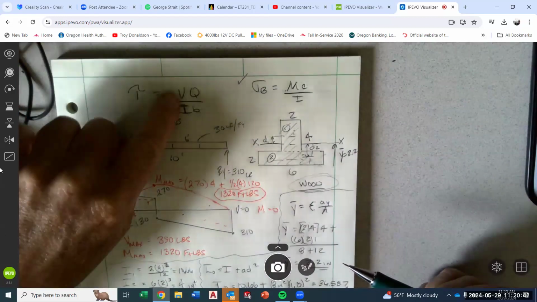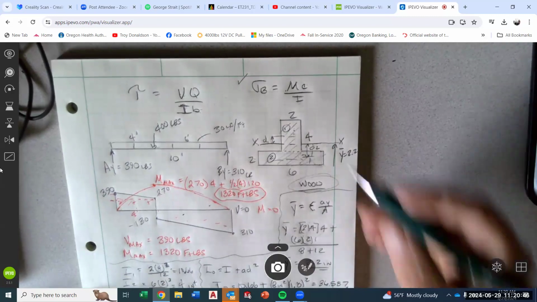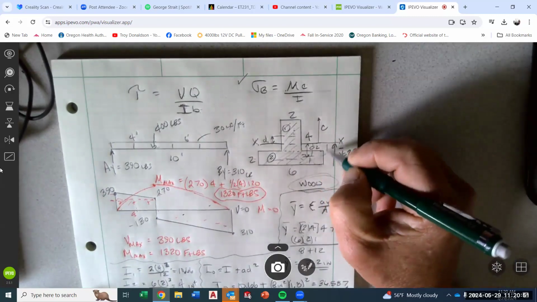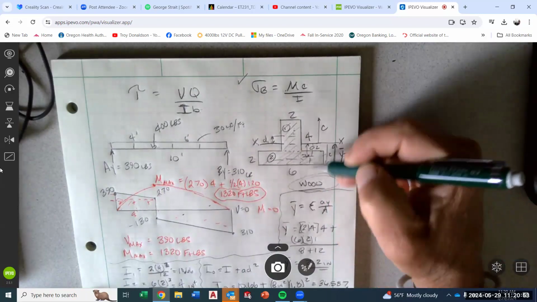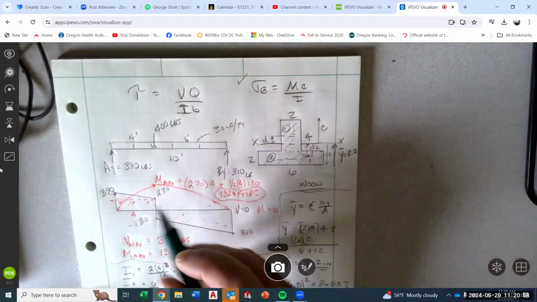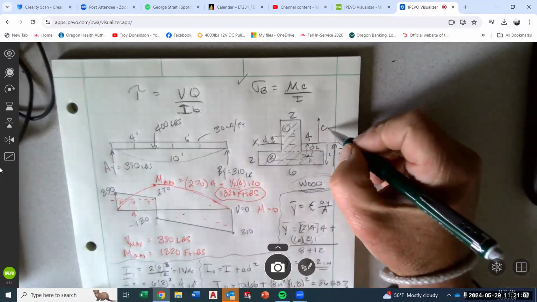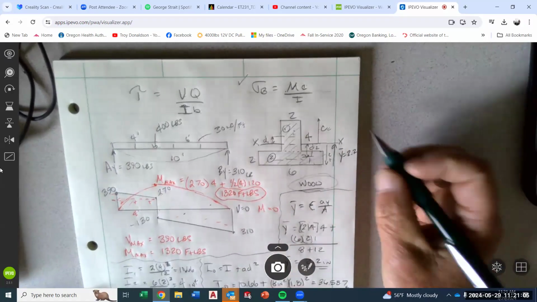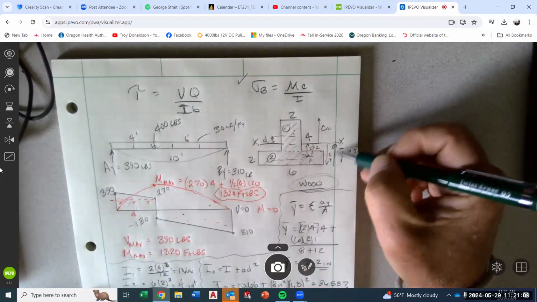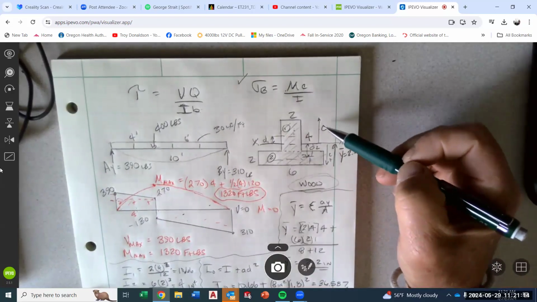I probably will have to use a different piece of paper for VQ over IB, but we can get through MC over I now. Remember that C has 2 distances when you have a non-symmetrical shape. So you have an upper C, and in this case, that upper C, here's the deflection, is in compression, and the lower C is in tension. So bending stress can be in compression or tension based on the C value you use. I think that's part of your homework, was to find both, right?